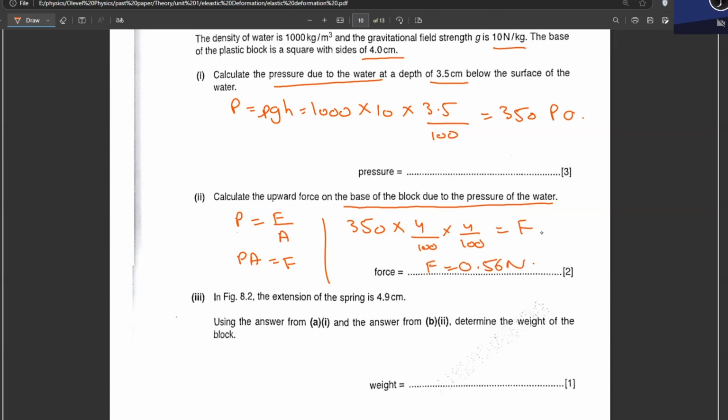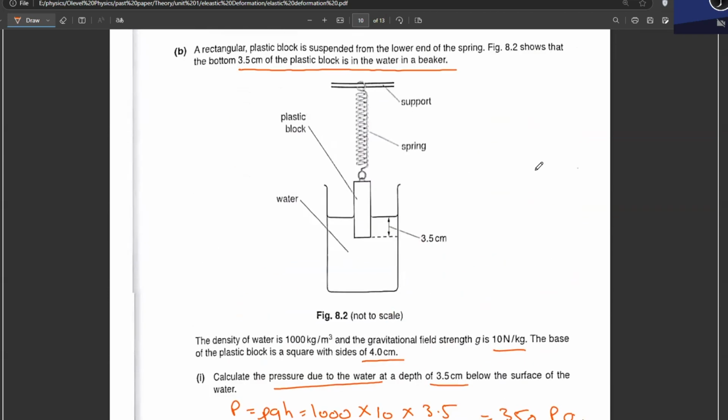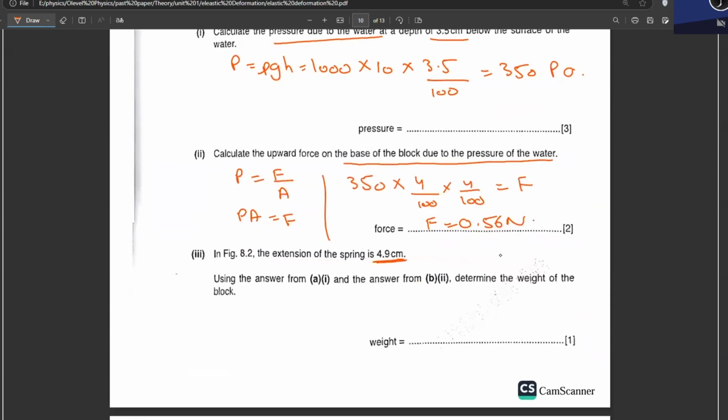In figure 8.2, the extension of the spring is 4.9 centimeter. That means the spring is experiencing a force of what? The spring is roughly experiencing a force of 0.82 Newton. What else is given?